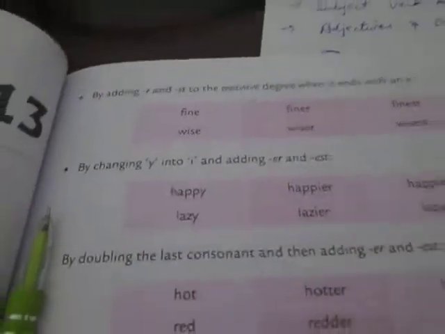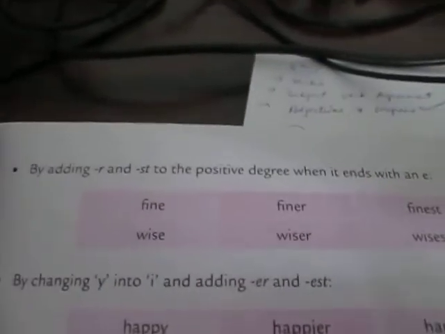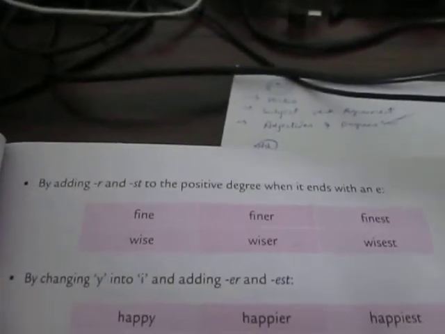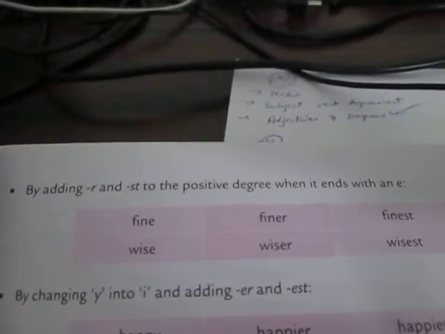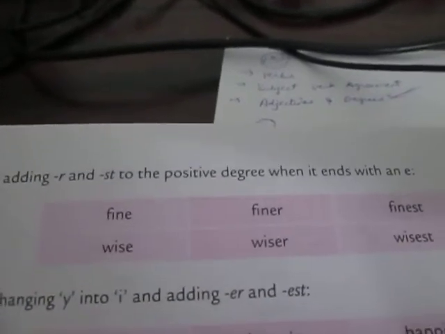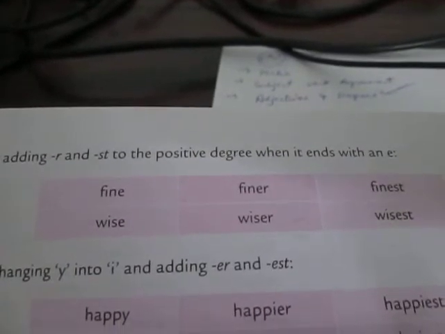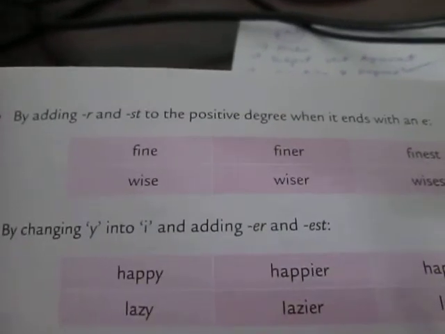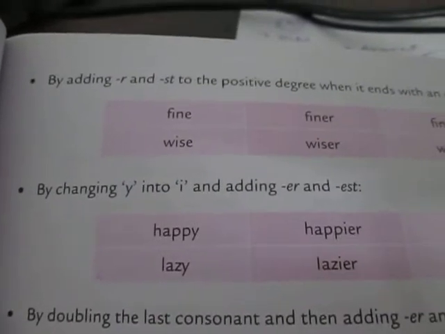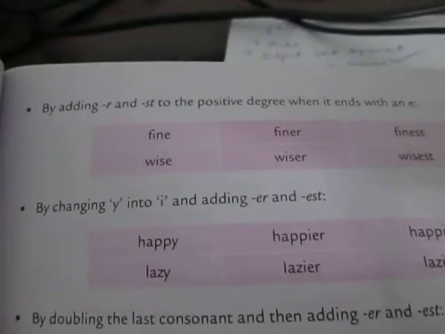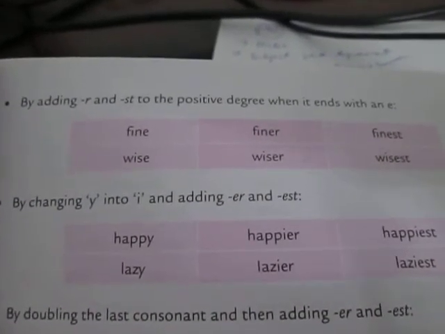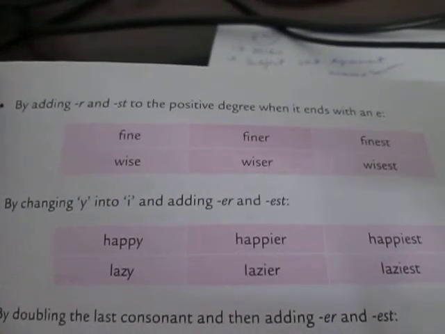Now by adding "r" and "st" to a positive degree which ends with the alphabet e, right? Fine, finer, finest. Wise, wiser, wisest. Now by changing y into i and adding "er" or "est": happy, happier, happiest, lazy, lazier, laziest.